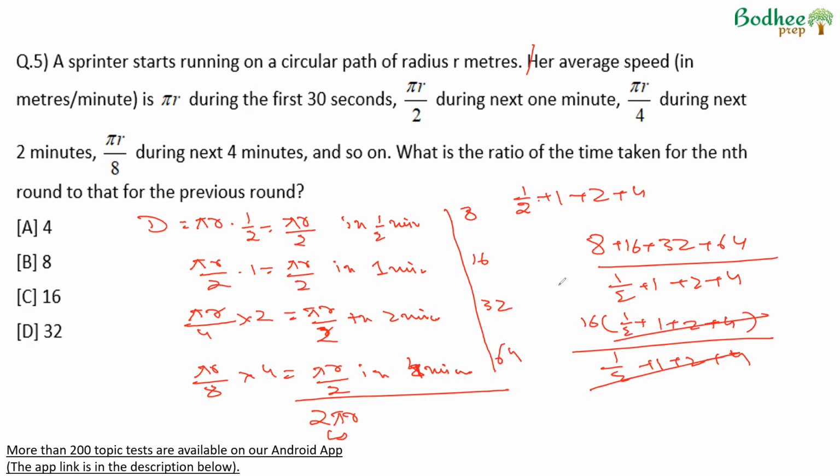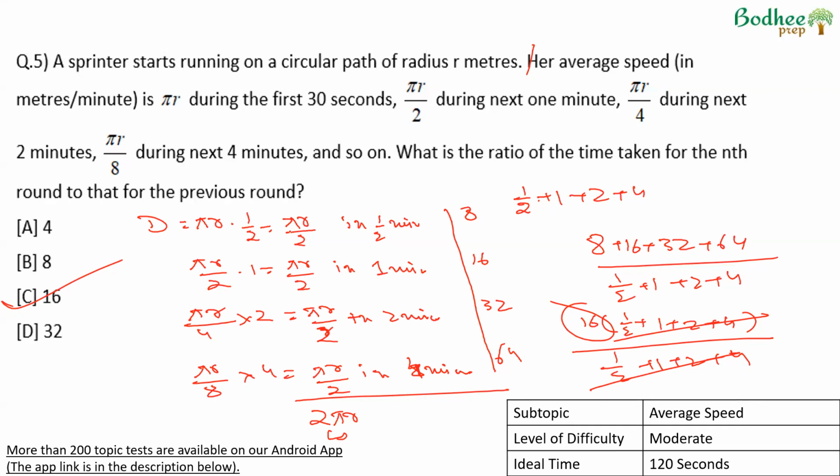This ratio will remain the same always, and therefore the time taken to do one round with respect to the other round, the ratio will always be 16. That's an easy to moderate question. Just have to get the circumference of the circle going. From there, it is easy to see the ratio.